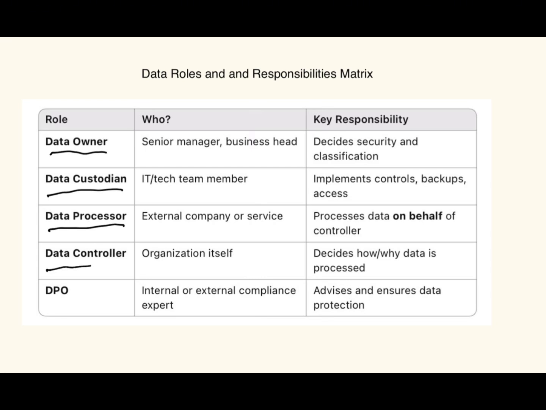Another term is data controller. It is again a GDPR term, we can say the organization or person that decides how and why data is processed. They set the purpose and means of processing. Real life example, your company that collects customer data for sales and marketing, it's the controller.